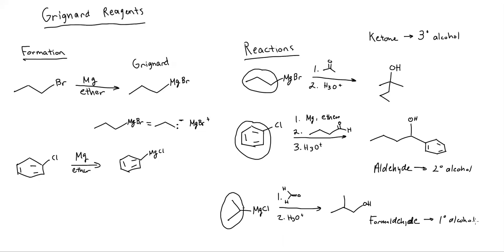Okay, so ketone becomes 3-degree, aldehyde becomes 2-degree, and formaldehyde becomes a 1-degree alcohol. Excuse me. So these are my reactions for Grignards. There are 2 caveats for this, all right? So we'll discuss those next.